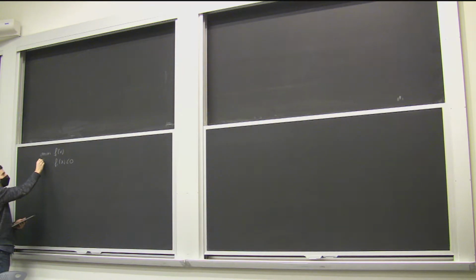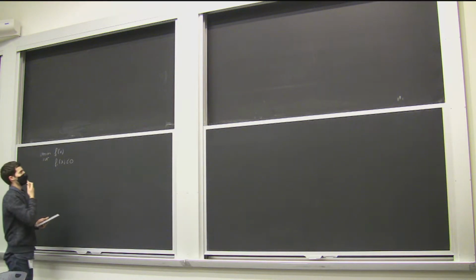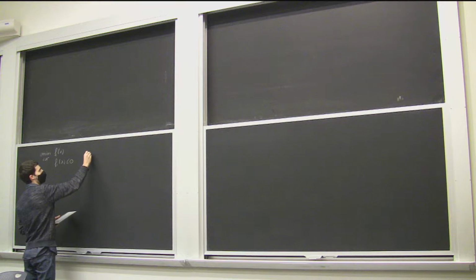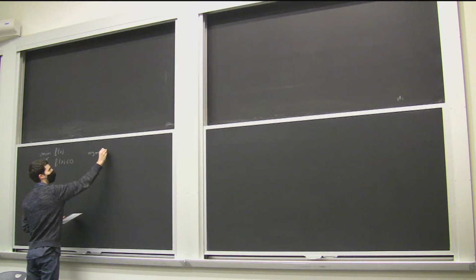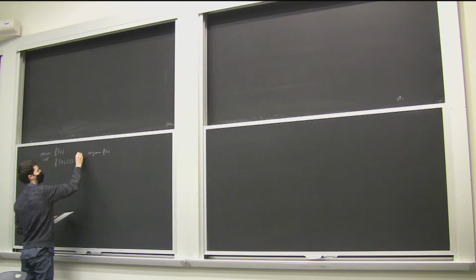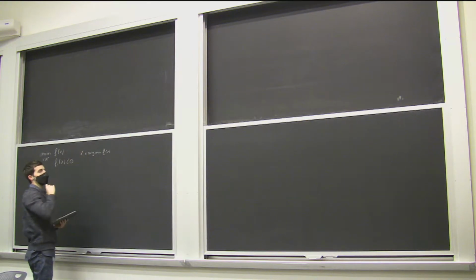And x is some vector of real numbers. And so for the minimum of this function, we will say that there exists a minimum and that it's unique, and we call it x star, just to simplify.